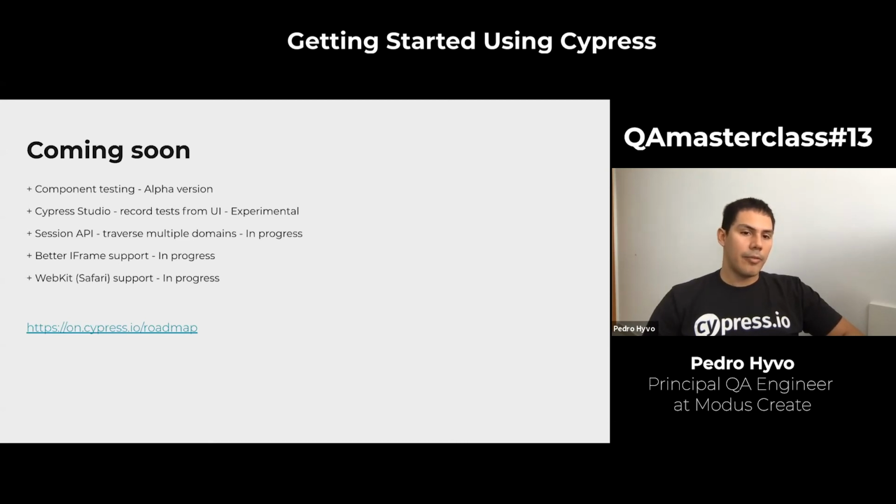The iframe support is in progress as well, because now we have a workaround where we add a plugin to test any iframe. And the last one is to add Safari browser support. You guys can check out the Cypress roadmap page.